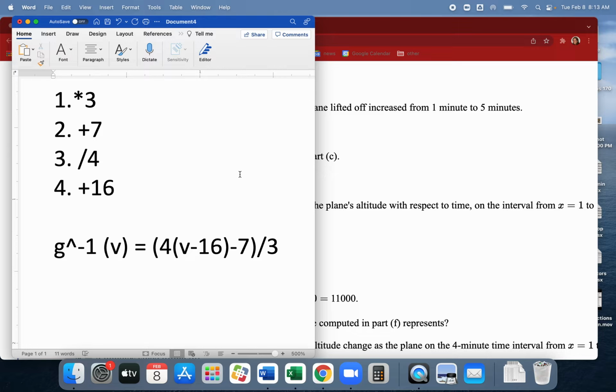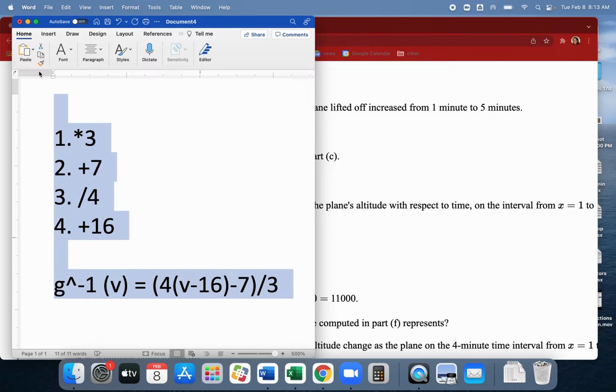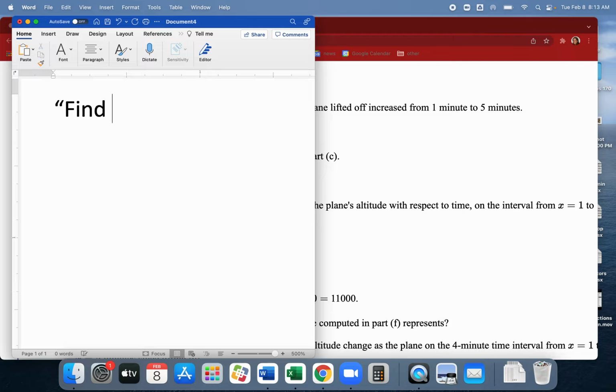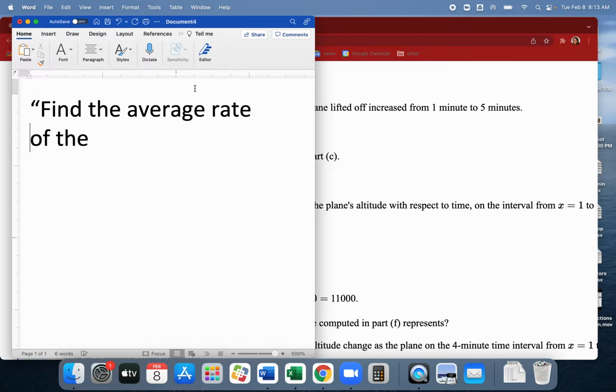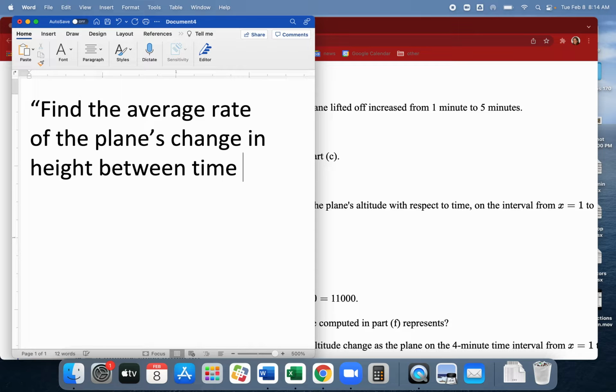Let me pull up my writing thing here. What would it say? Find the average rate of the plane's change in height between time 5 and another time h minutes later.